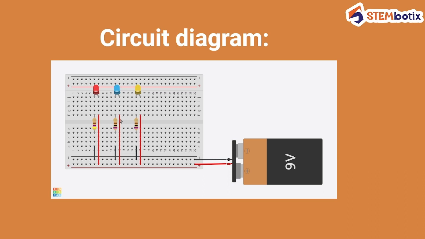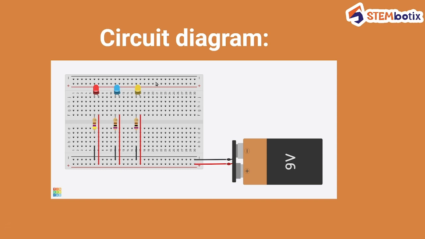Now, the advantage of this parallel connection is that if the current flowing through this comes to this point and this particular section of the circuit has some fault, it will not affect the current in the other two sections, because separate current is flowing through each of them.